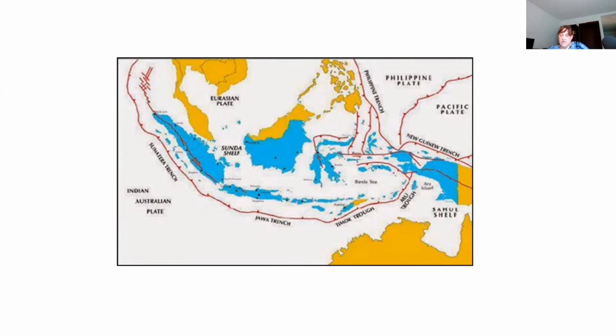I don't know if you remember the December 26th earthquake in Sumatra in Indonesia in 2004. It was 9.1 on the Richter scale. They said that the shaking lasted for 3 to 4 minutes. And it was very, very close to the coast of Indonesia.